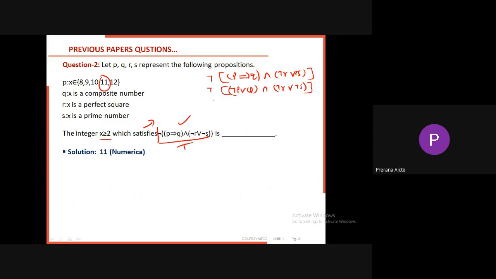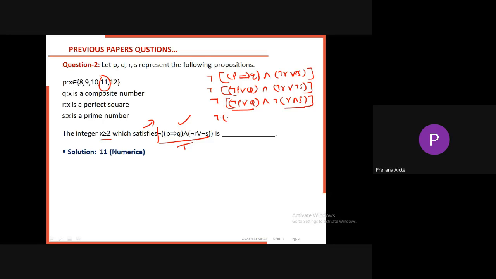Before applying De Morgan's law, first I will do this. So negation of (negation P or Q) will be written as this, and this can be written as negation of R and S. Now I will apply De Morgan. This has one expression, this has another expression.